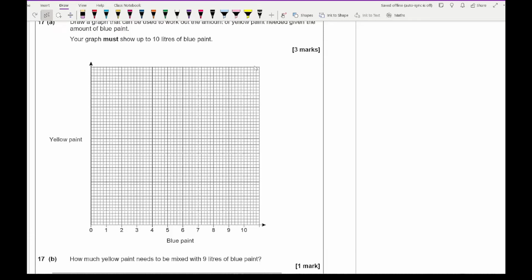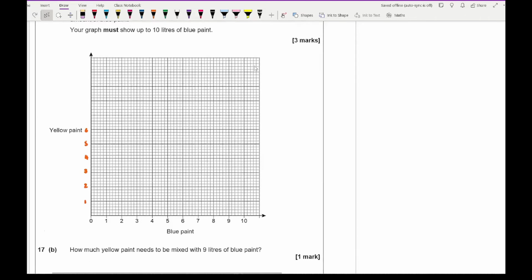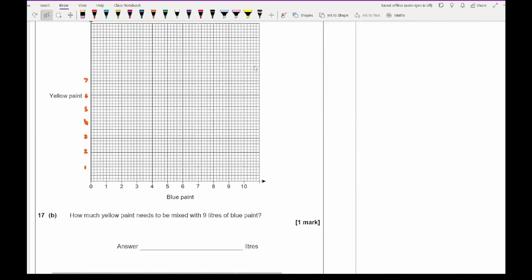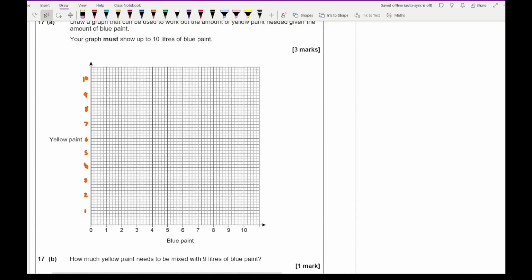So here for yellow, if we have the scale of 1, 2, 3, 4, 5, 6, 7, 8, 9, 10, going up like so. So for 2 to 1, then 4 to 2, 6 to 3, 8 is going to be 4, and 10 is going to be 5.